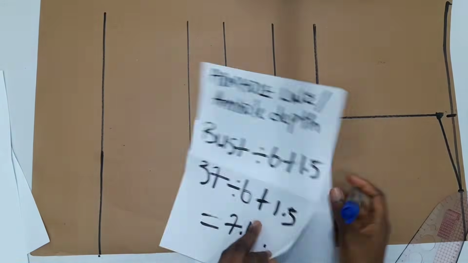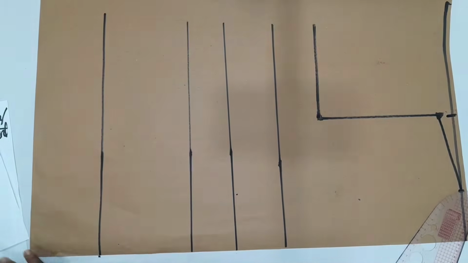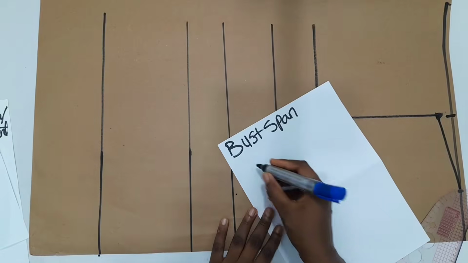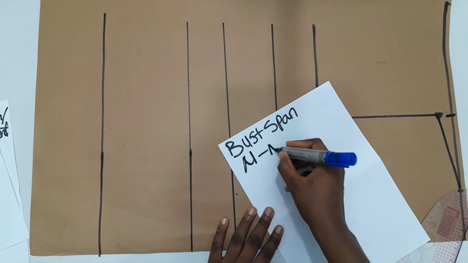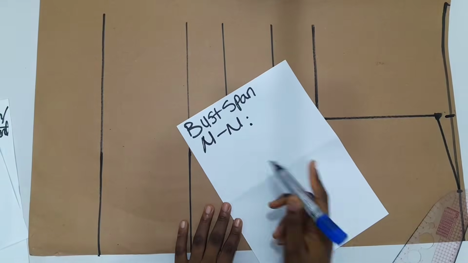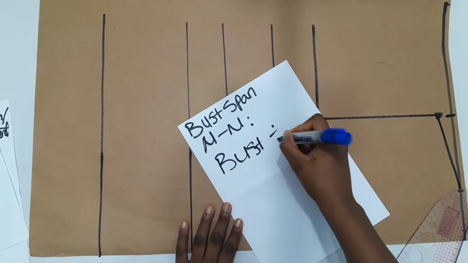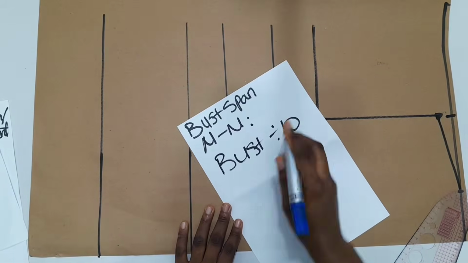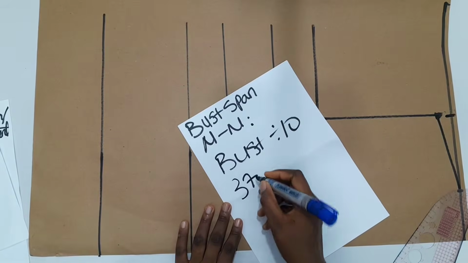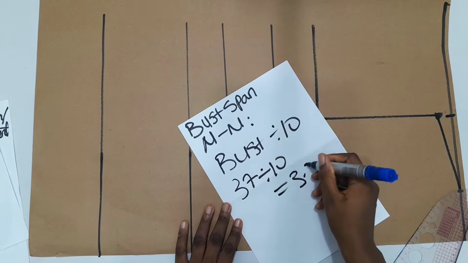So the next measurement I'm going to take is my bust span. Your bust span is also known as your nipple to nipple measurement. The formula for bust span that I use is round bust measurement divided by 10. So my bust measurement is 37, and 37 divided by 10 gives me 3.7.